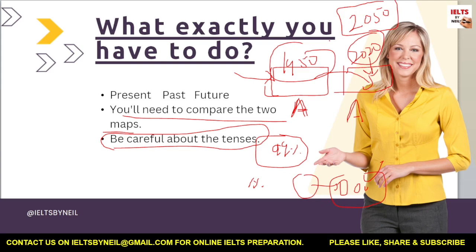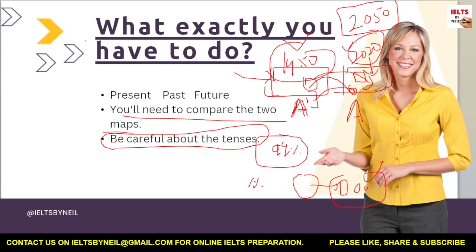In that case, you'll be using the future tense, like the cafe here will be changed to this. This building will be replaced by this, or a new garden will be set up. I'm using all future tenses, will be, would be, right? So you have to be very, very careful about the tenses. So first read the year or the time that you have to explain the map.